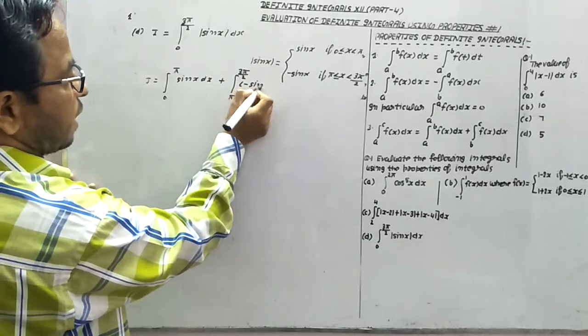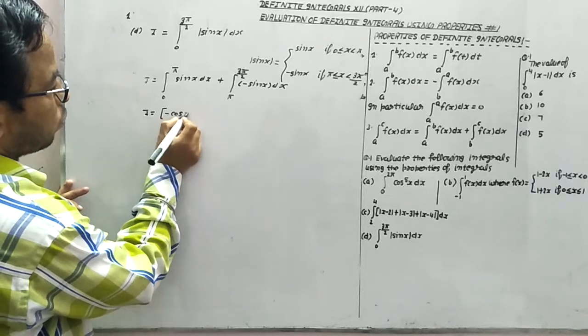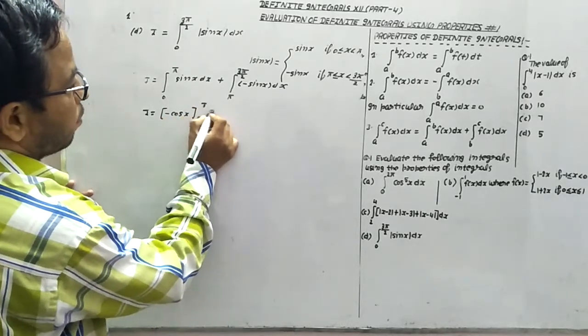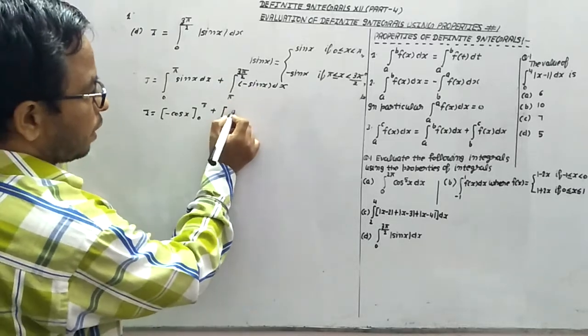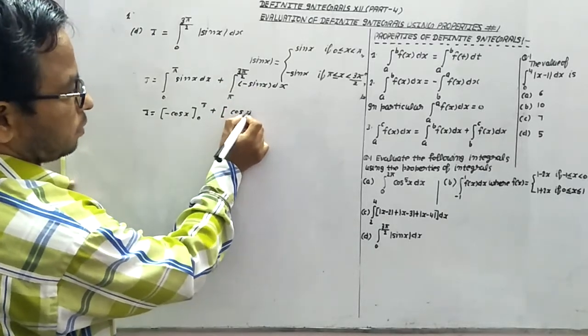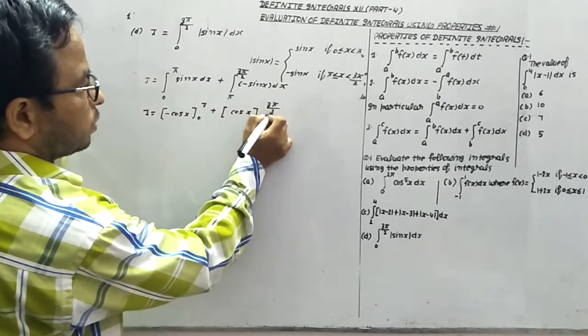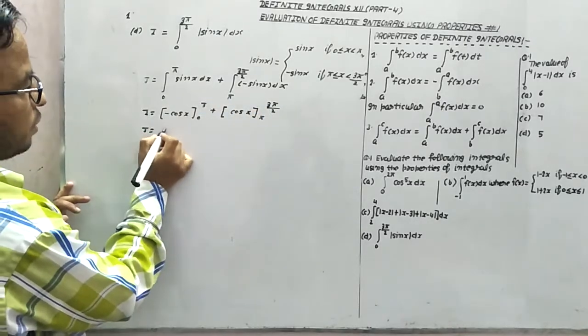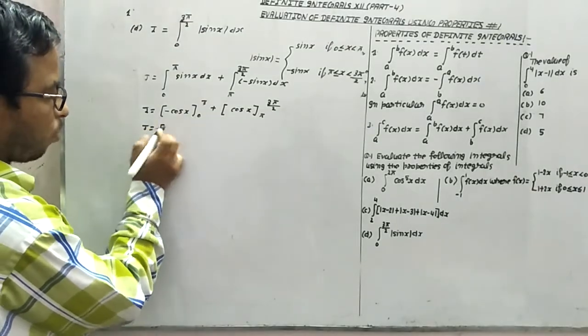Minus sin x dx. Now I is equal to, what is the integration of sin x? Minus cos x from 0 to pi, plus what is the integration of this? Sin x is minus cos x, it means minus minus plus, this is cos x from pi to 3 pi by 2. Now look at this. I is equal to, this minus is taken outside.